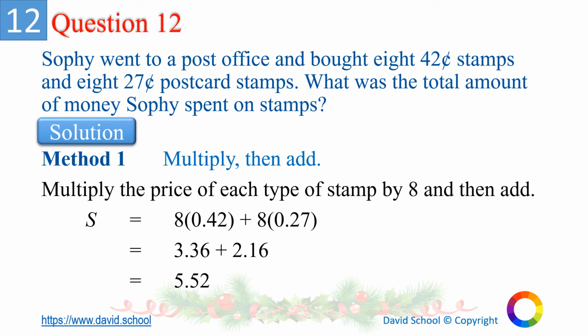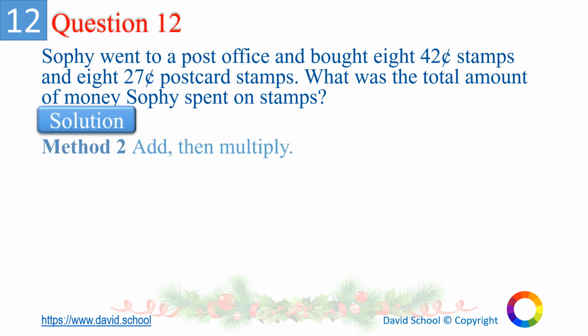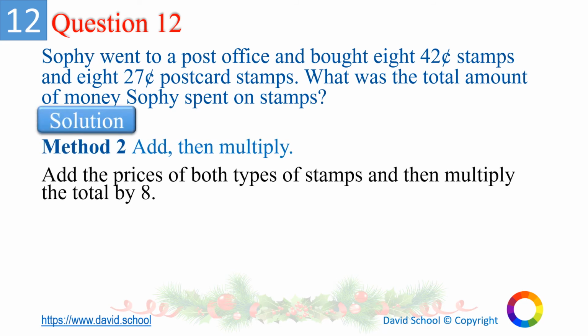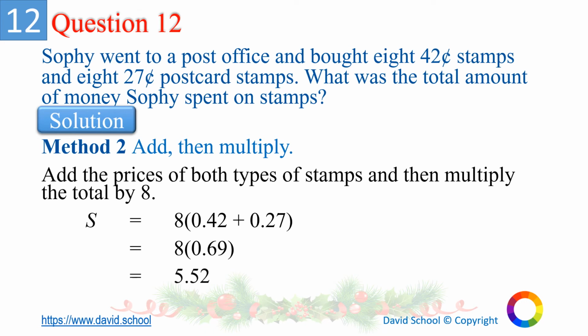In method 2, we add them first and then multiply. Add the prices of both types of stamps and then multiply the total by 8. We get 8 times ($0.42 plus $0.27), which is 8 times $0.69, which gives you 5.52. Sophie spent a total of $5.52 on stamps. Notice that both methods result in the same answer.